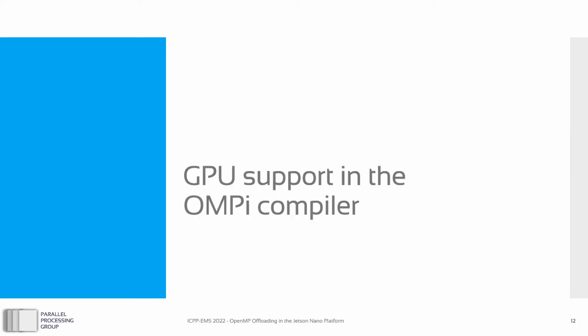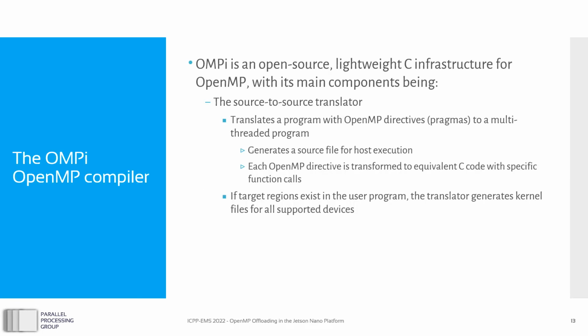Now a few words about the extensions we need to make to the OpenMP compiler in order to support GPUs. First of all, what is OpenMP? OpenMP is an open source lightweight OpenMP compiler. It consists of the source-to-source translator, which basically translates an OpenMP program to a multi-threaded C program.